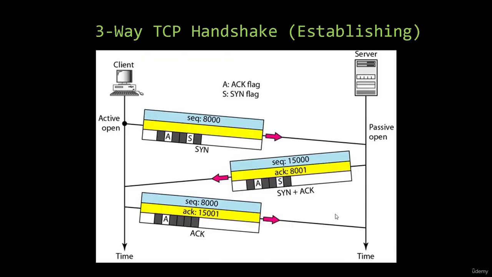So before demonstrating how Wireshark works, let's go back to basics and see how we establish a basic TCP connection. When there's communication between the client and a server, the client sends a SYN packet. The server replies back with a SYN ACK packet. Then the client confirms back with an ACK packet, and here the connection is established.